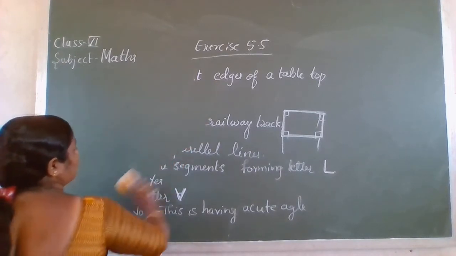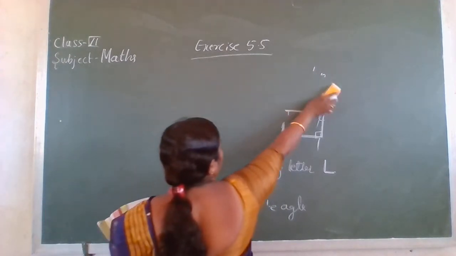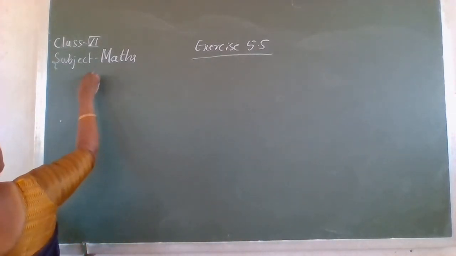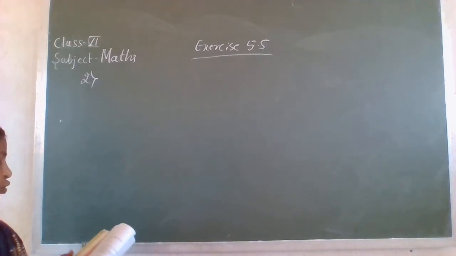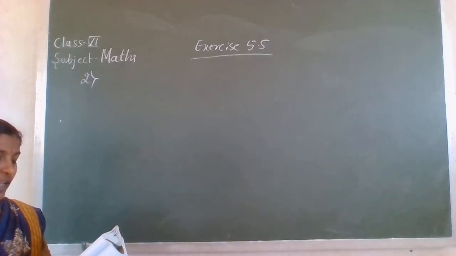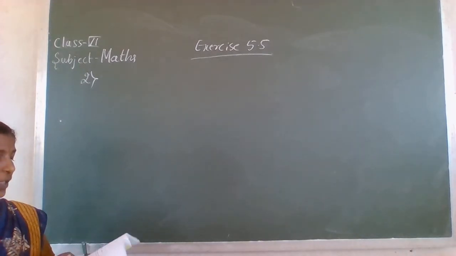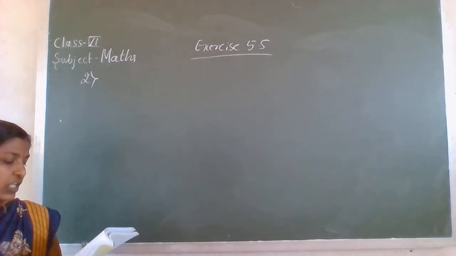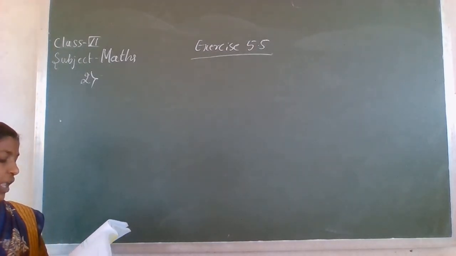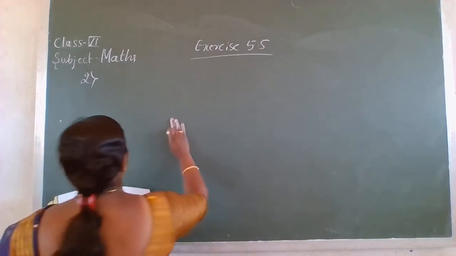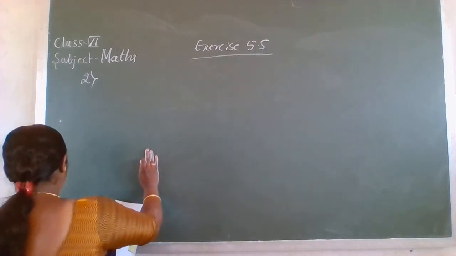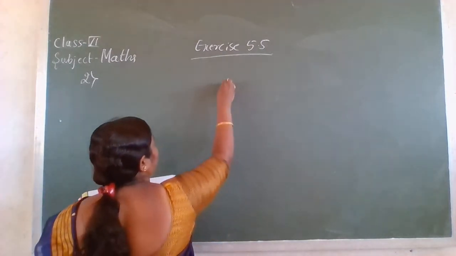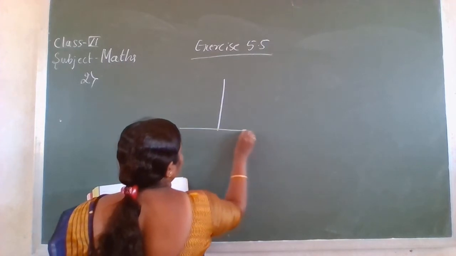Next, question number 2. Let PQ be the perpendicular to the line segment XY. Let PQ and XY intersect at the point A. What is the measure of angle PAY? We will have the picture of this.